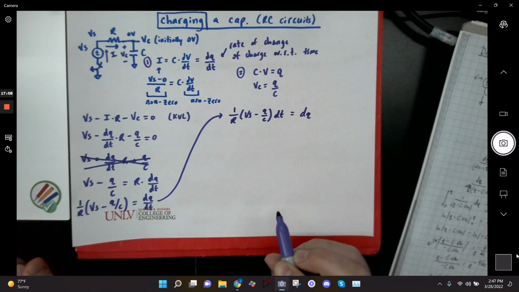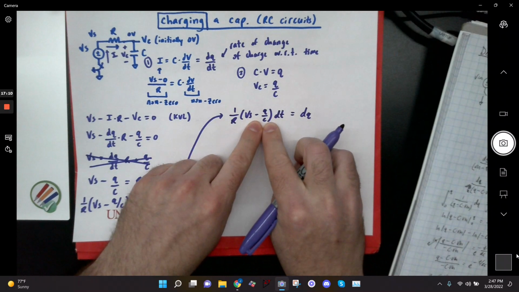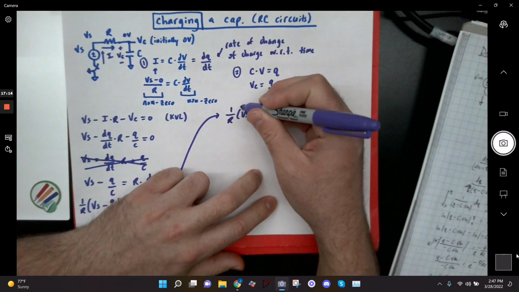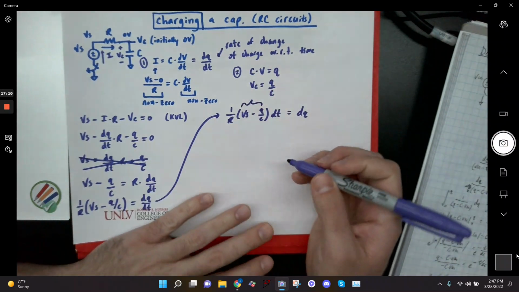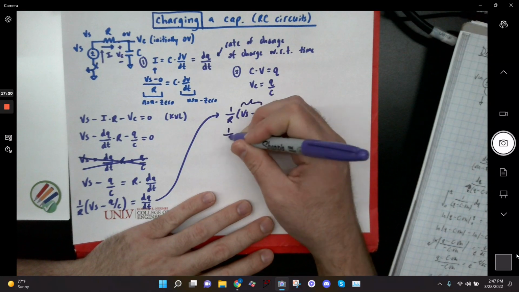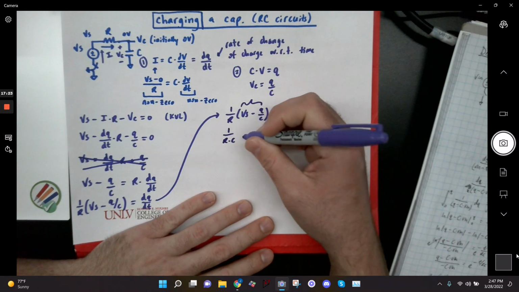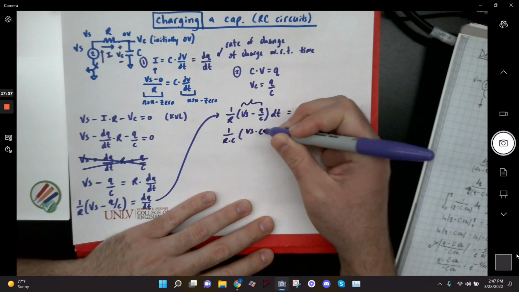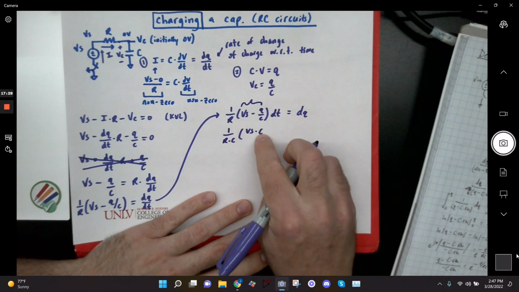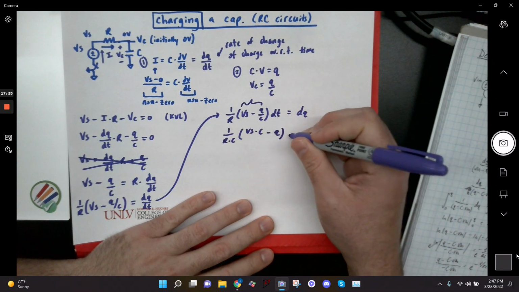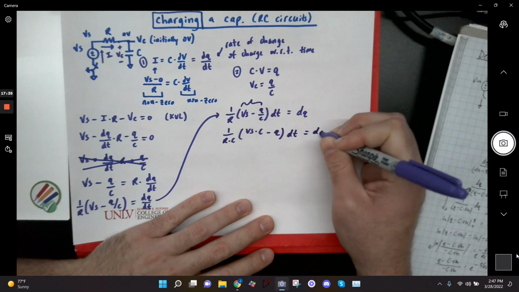And now I'm going to pull a 1 over C out of the piece inside the parentheses. So if I pull a 1 over C out, I basically get 1 over R times C, but now I have to put in Vs times C, because I pulled a C out that wasn't there, minus Q, equal to dq.